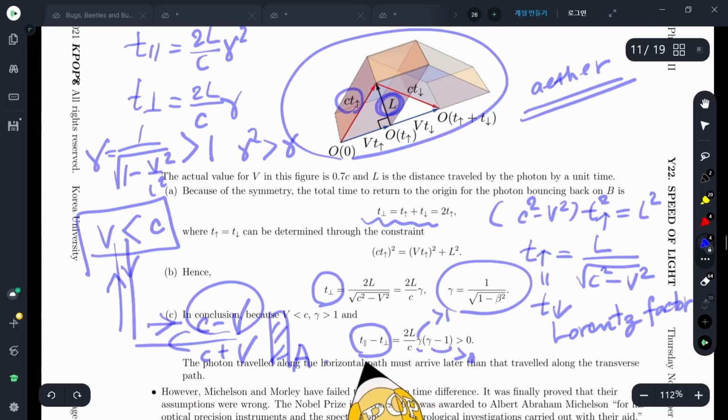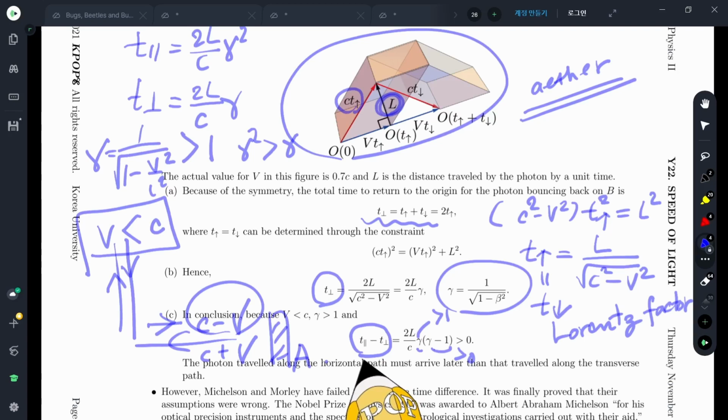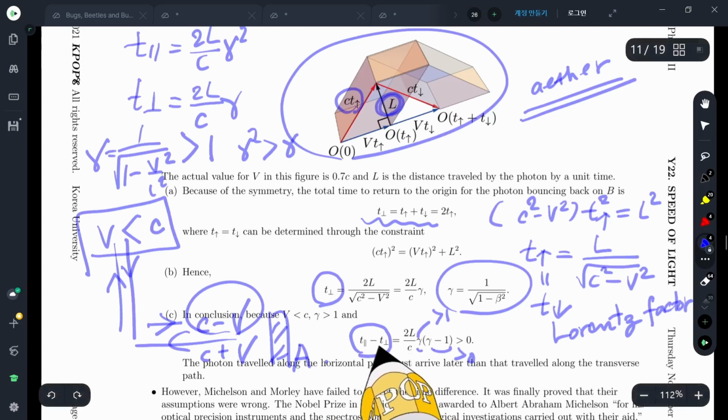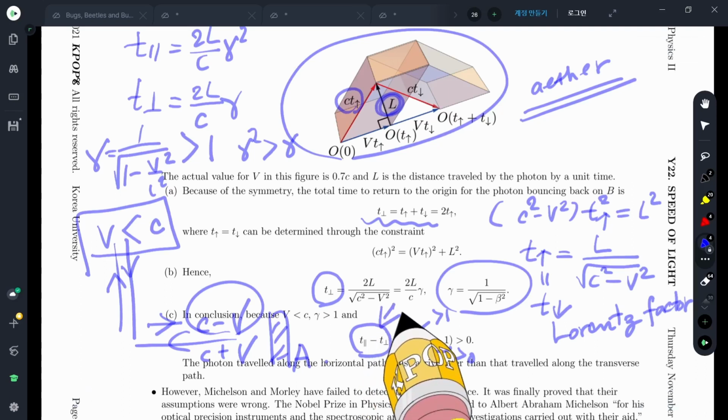The Michelson-Morley experiment wanted to measure this gap between the two travels, the longitudinal and transverse, because they did not know what relative velocity the Earth may have relative to the ether rest frame. They changed the direction arbitrarily, and in any direction they never observed the time delay of the longitudinal direction.